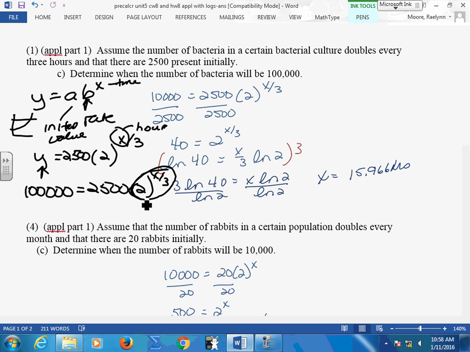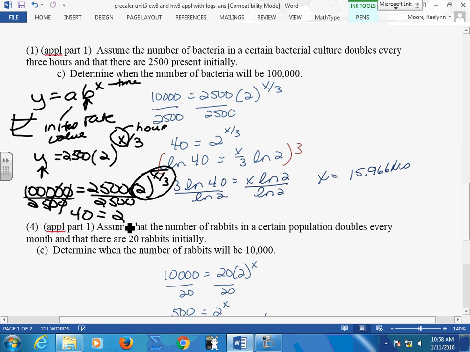It only belongs to this 2. Now we said, all right, let's see if we can isolate that part with the variable. So we divided by 2,500. If it goes in nicely, yeah, and divide. This one happened to go in exactly 40 times.